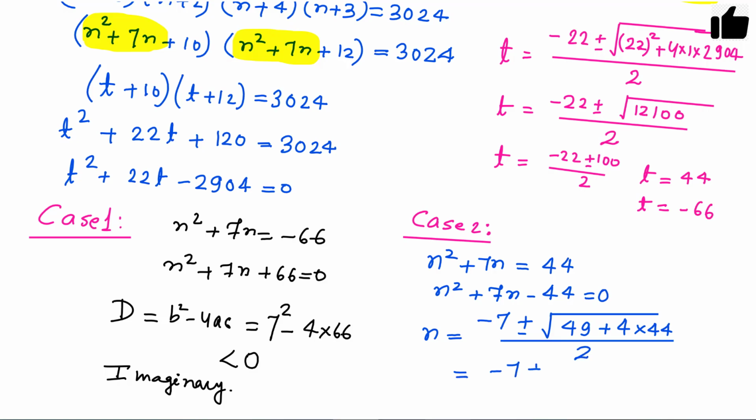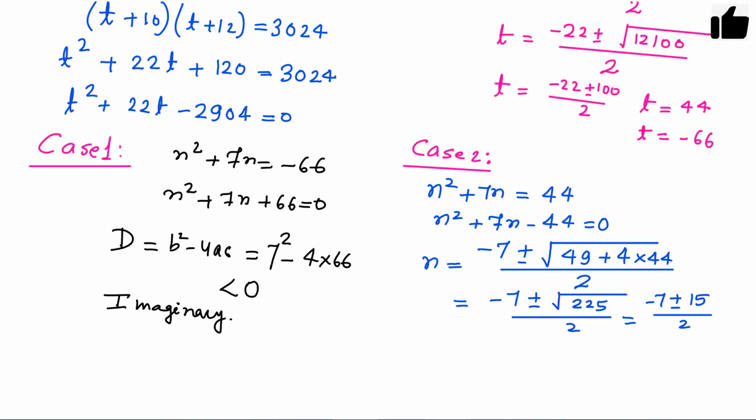So this is -7 plus or minus the square root of 225, divided by 2. This is -7 plus or minus 15, divided by 2. So one solution is (15-7)/2 = 8/2, that is 4. And another solution is -11.